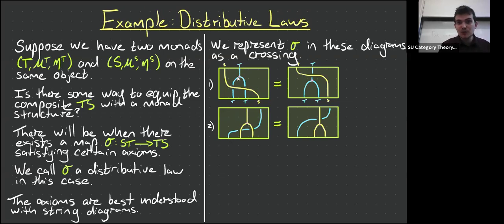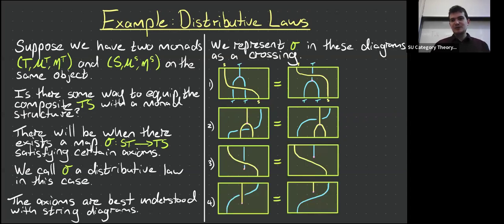Notice the blue wire is T here, the monad T, and the yellow wire is S. Similarly, crossing blue underneath the multiplication is the same as crossing it after the multiplication is done. And then we've got two more axioms, which I won't do individually. They're just telling us that the unit can cross wires, basically. So these are quite nice.